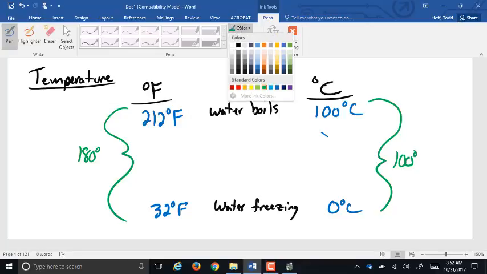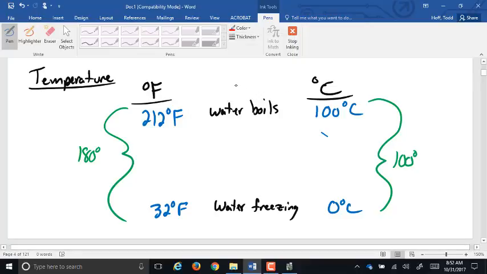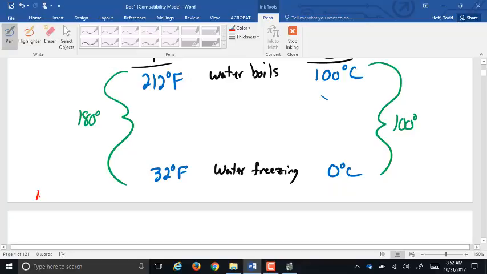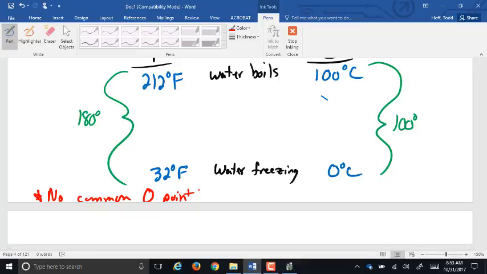Now there is one major issue with temperature that we did not run into with any other measurement that we worked with. And that is there's no common 0 point. Every type of measurement we did, 0 was 0. 0 feet equals 0 centimeters, equals 0 miles, equals 0 kilometers, equals 0 inches.